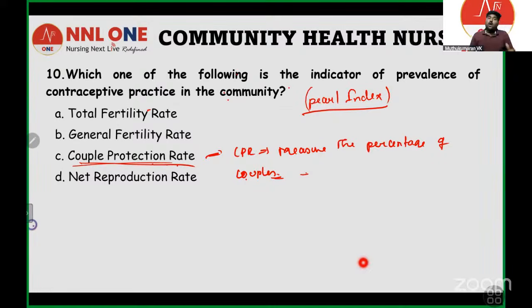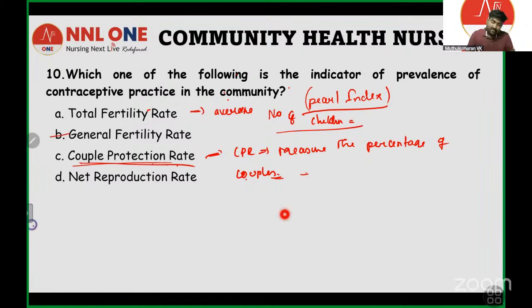So now tell me, what is the total fertility rate, which measures the average number of children a woman would have during her lifetime. So that is total fertility rate.